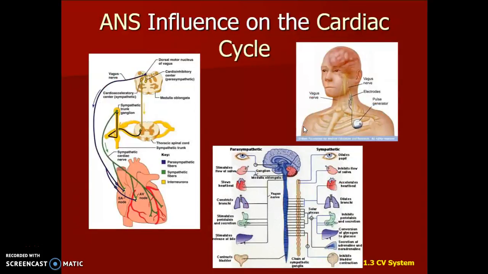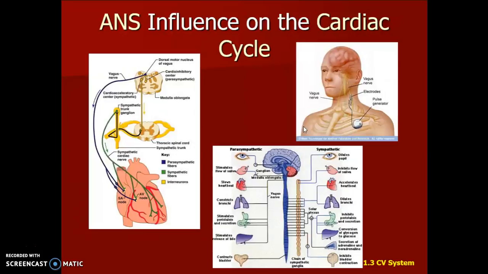Right, the next slide is looking at the autonomic nervous system, otherwise known as the ANS, influences on the cardiac cycle. So this is basically done through two different systems: the sympathetic nervous system and the parasympathetic nervous system.